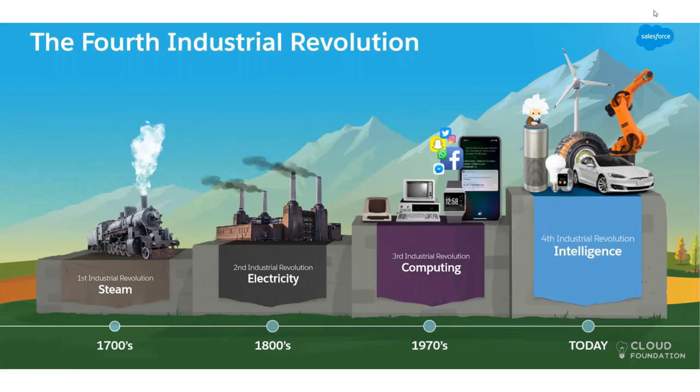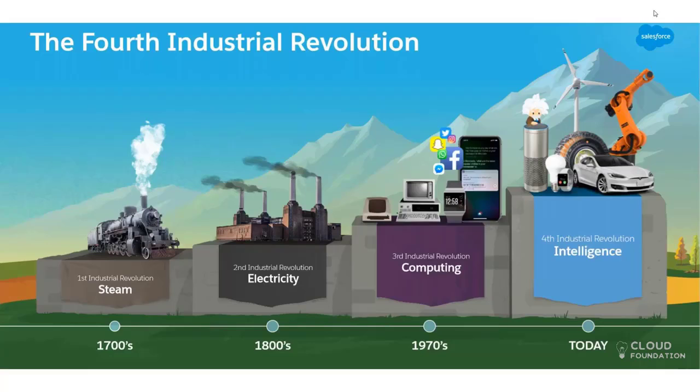As you can see in the slide, previously, the Industrial Revolution. In 1700 we had steam, using coal to generate the steam, which was used to run all the trains, for example, that you can see on the screen.